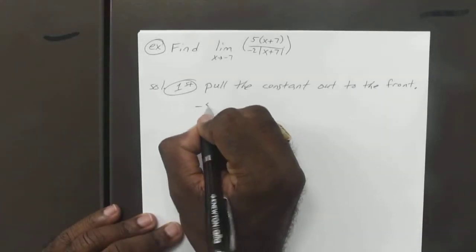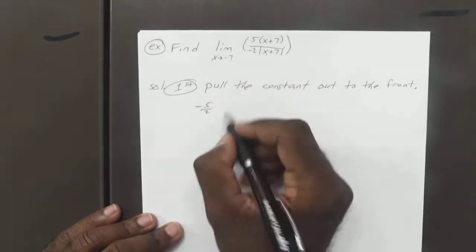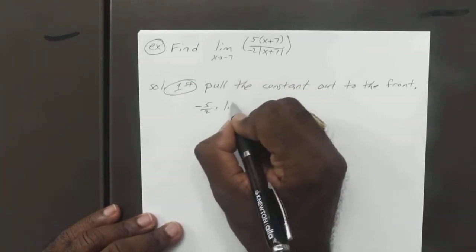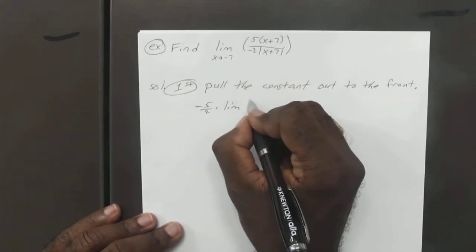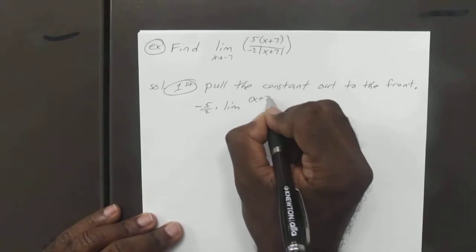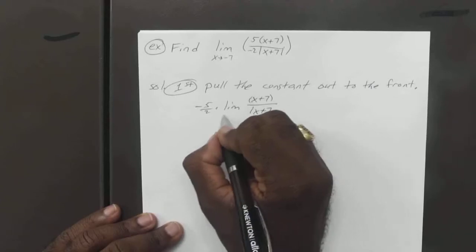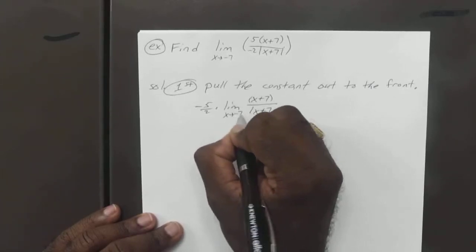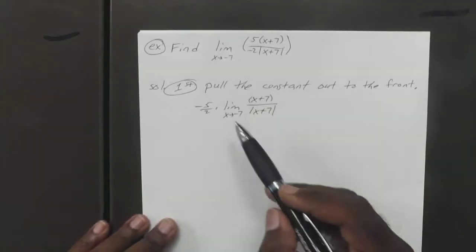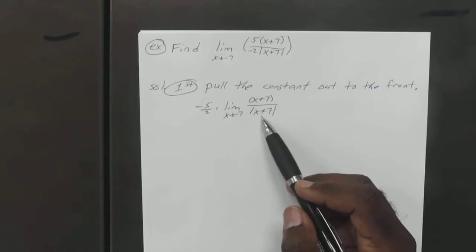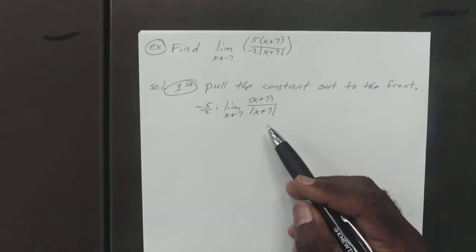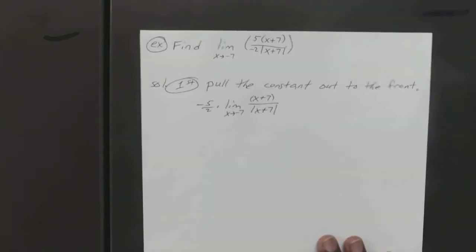Okay, so we have negative 5 over 2, just factor that right on out, times the limit of x plus 7 over absolute value of x plus 7 as x approaches negative 7. We know we can't just plug it in with direct substitution because we'll have a denominator of 0. So now we have to go another way.